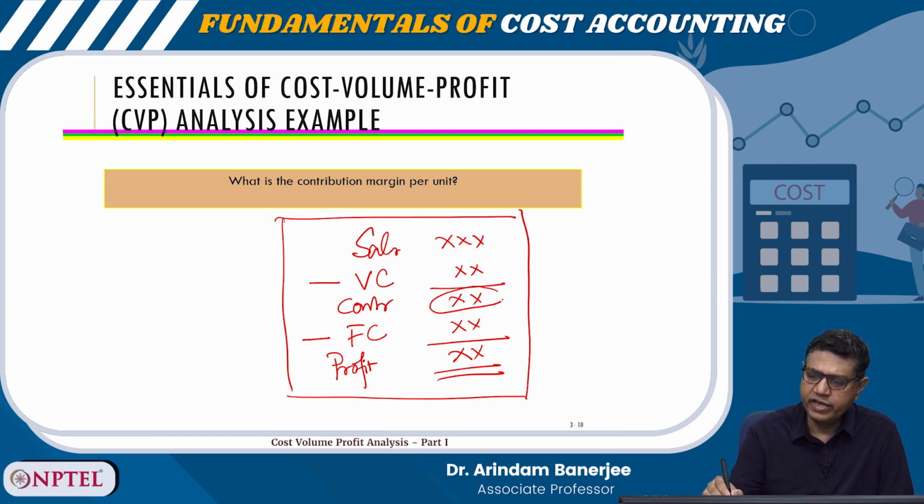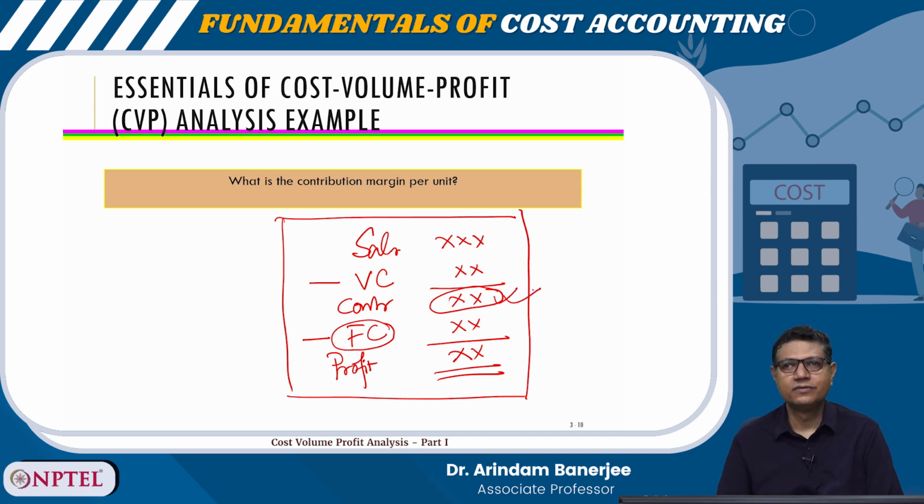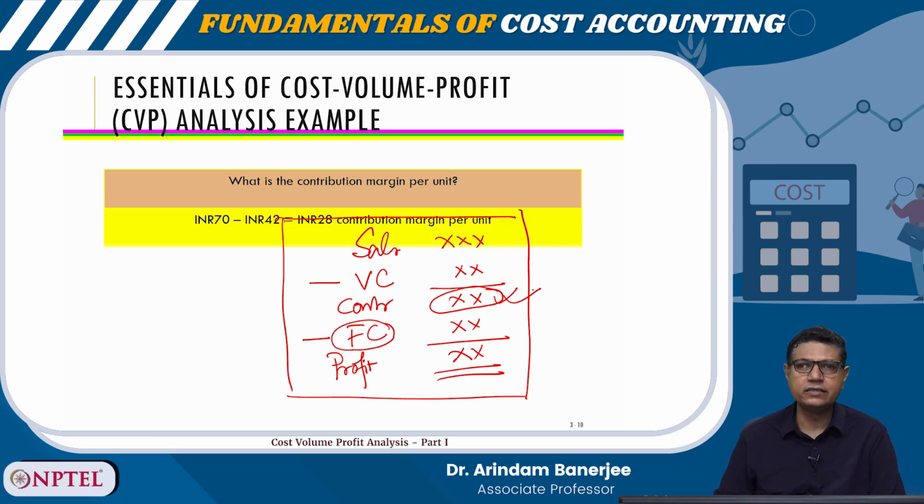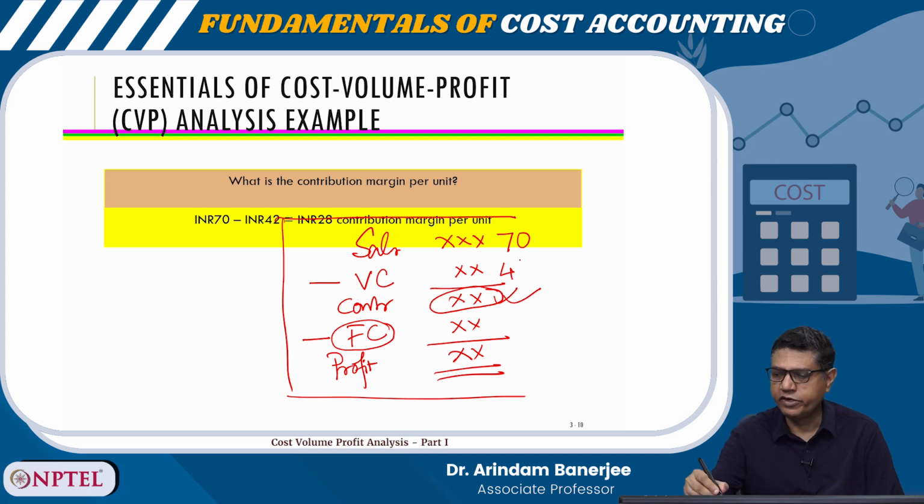So, in this case contribution is a very important factor, because this fixed cost in the shorter run I cannot control. Whatever is there, it is there, but what I can control is the contribution, fine. So, what is the contribution margin? Here the sales is 70 and my variable cost is 42. So, contribution margin is 28 per unit.